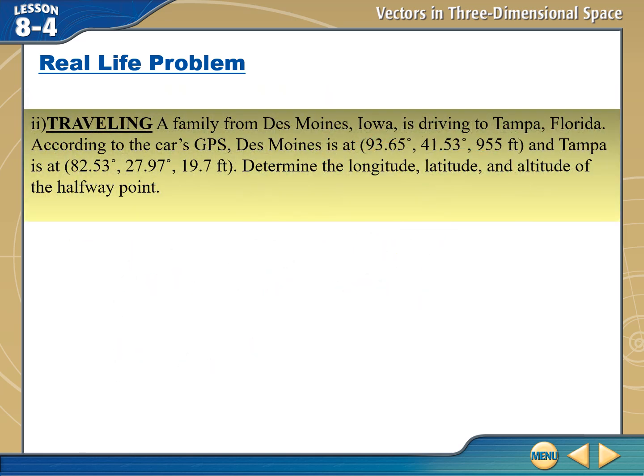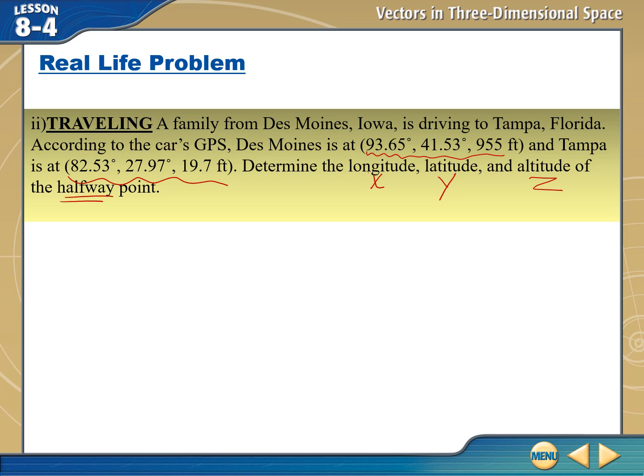Next question. A family from Des Moines, Iowa is driving to Tampa, Florida, according to the car's GPS. The longitude, latitude, and altitudes are this one. And for Tampa are this one. You have to find out the longitude, that is X, the latitude, the Y, and altitude, the Z of the halfway point.